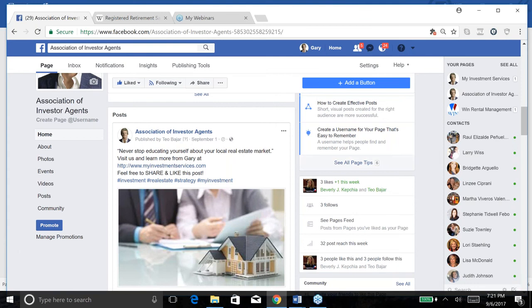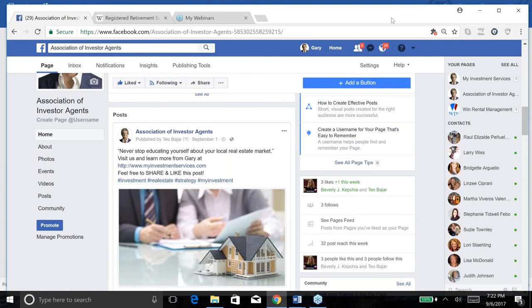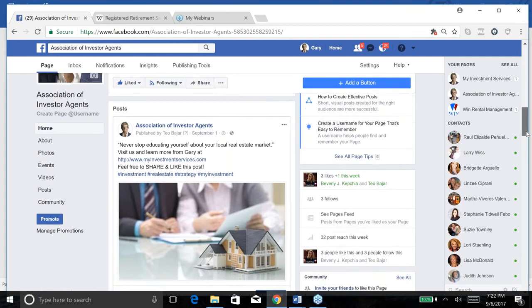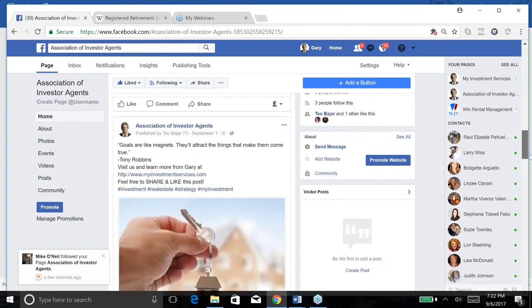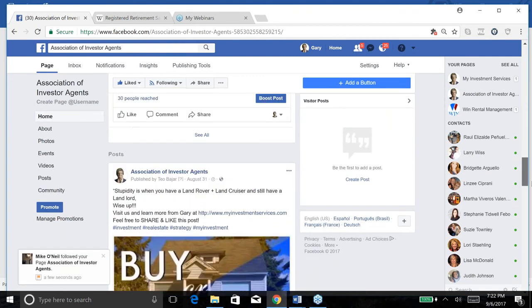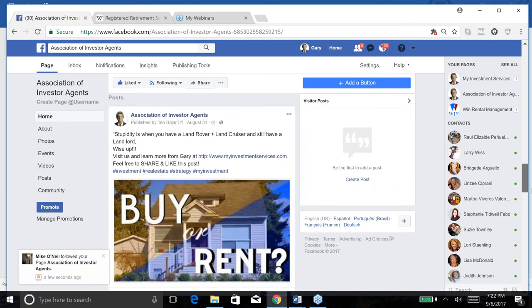You can see we've probably got a few posts out here. Let's see, there's one there. Never stop educating yourself. Whoops, just flipped over to the wrong screen. Hang on one second, guys. There we go. Let me reduce my panel here, and we can look at this. So never stop educating yourself. Goals are like magnets. Okay, sorry for the language here.